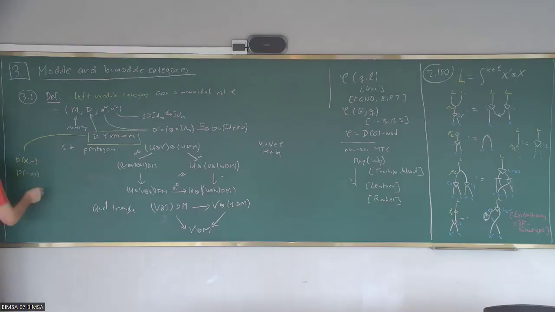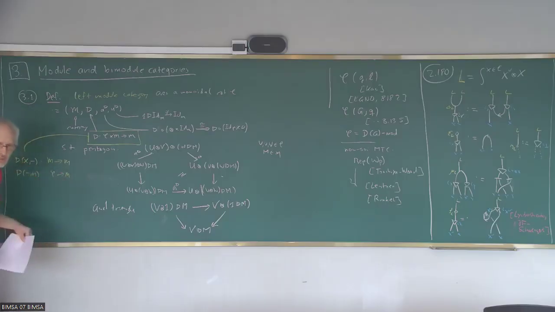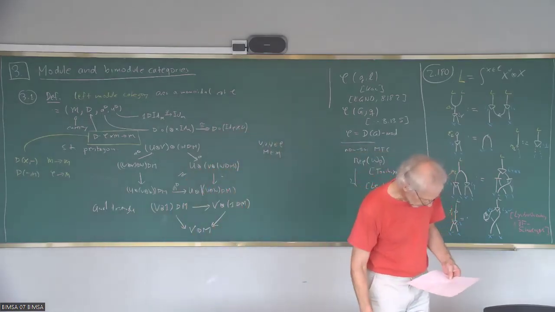So these are functors either from M to M or from C to M. Also, they are called action functors, so one has to be careful when one reads the term.